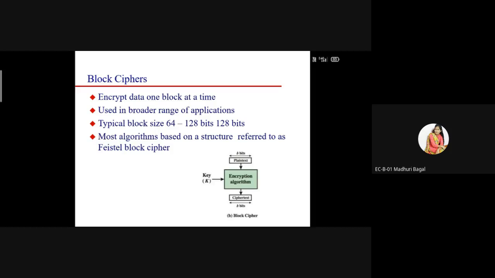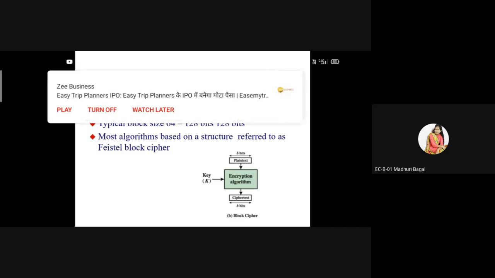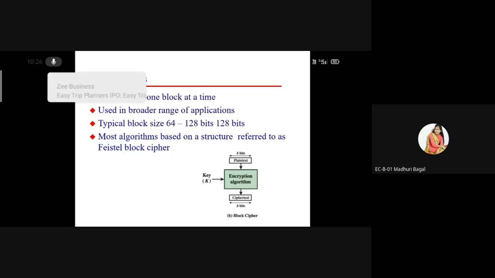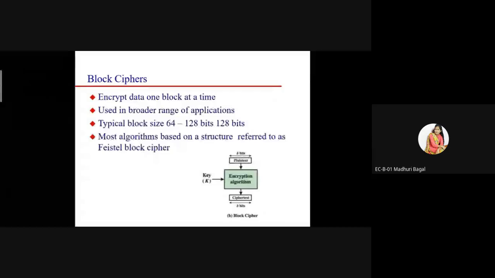So in a block cipher, if the information is too large, we can divide all the information into a small number of blocks, and we can provide the key to each block. We can provide the same key to each block.